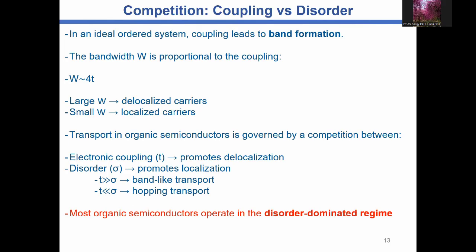If you have a small coupling between these states, we say that the states are more localized. It means that we have localized carriers tied inside the organic materials. So we have this competition between the electronic coupling and the disorder.